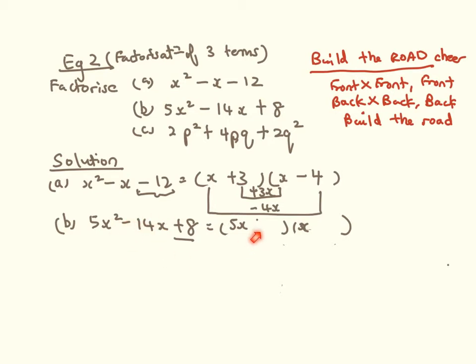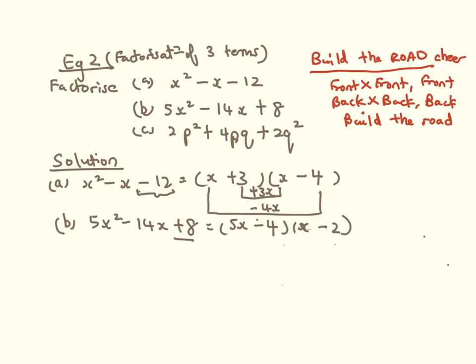So instead of taking a plus times a plus, you should take a minus times a minus to get a plus 8, right? Since I must get minus 14, I'll take a minus times a minus. Since I want to get plus 8, I'll put a minus 4 here. Minus 4 times minus 2 will give a plus 8.